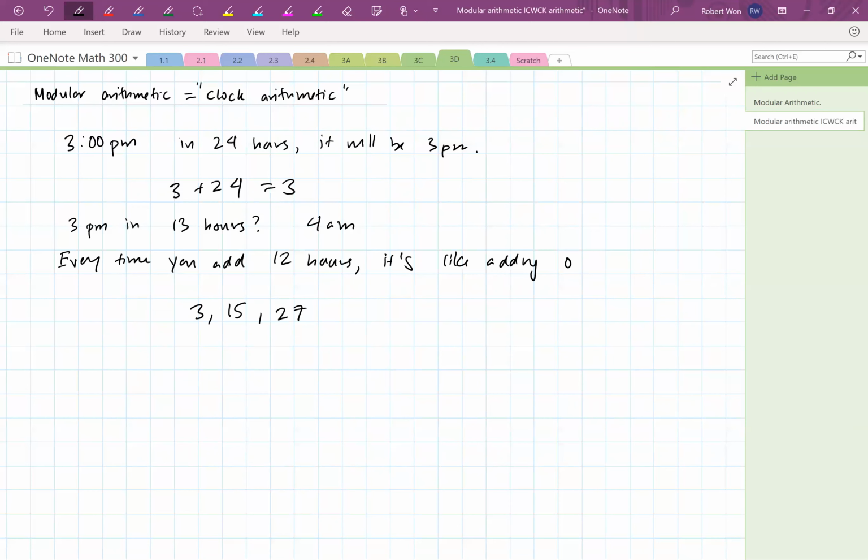But you know that this is also 3 o'clock. So on a clock, these are all 3 o'clock. If it's 3 o'clock right now, in 12 hours, it's 15 o'clock. That's still 3 o'clock.